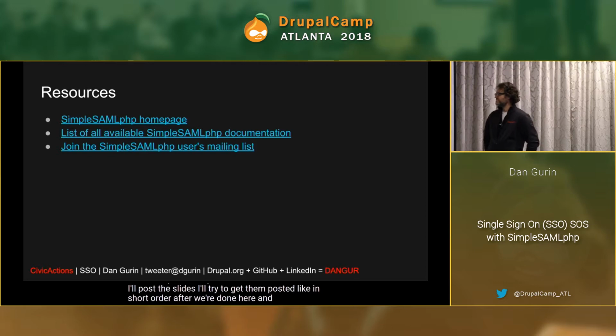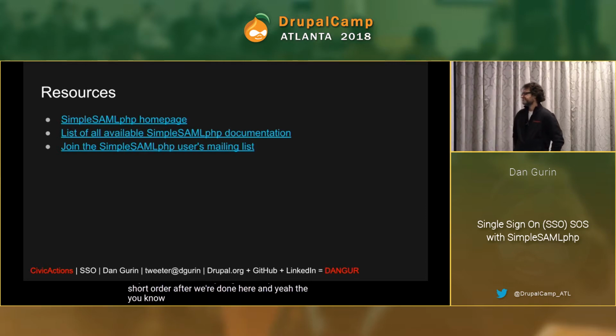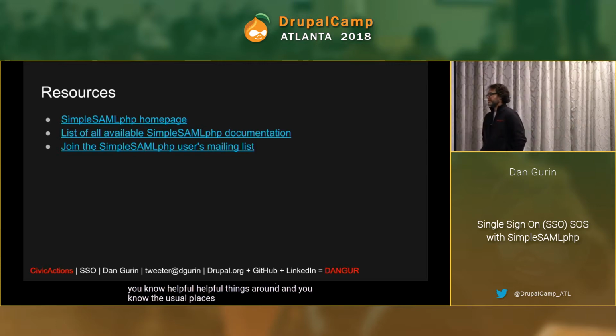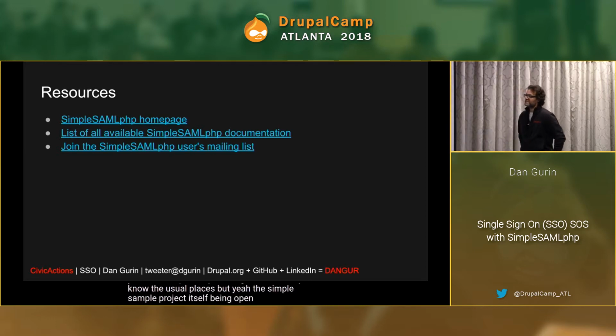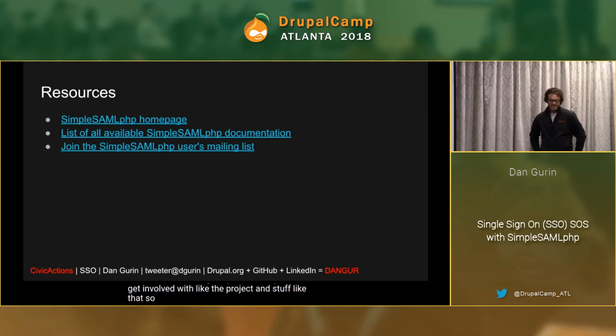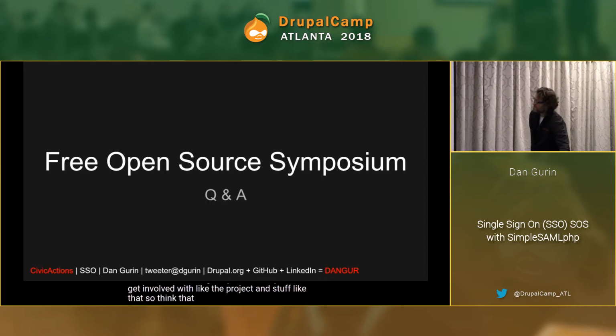There are helpful things in the usual places. The SimpleSAML project itself, being open source, has pretty good documentation. Just make sure you're on the stable version of it, of course. And if you really want to nerd out on it, there's a mailing list if you want to get involved with the project. I think that just about does it here.